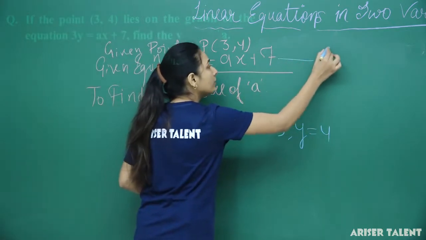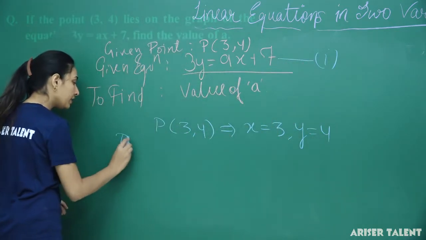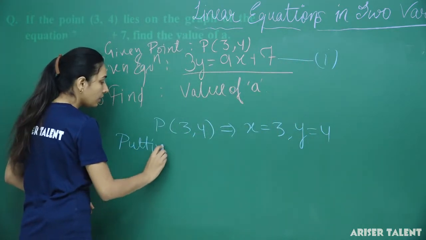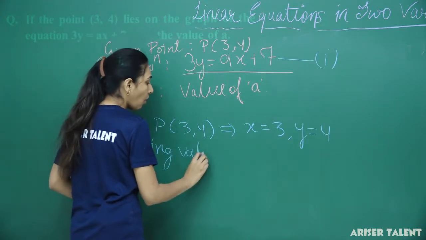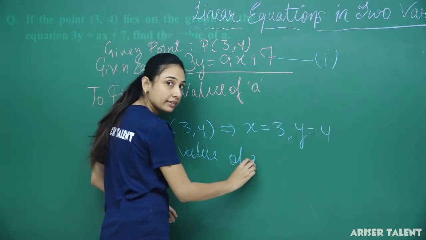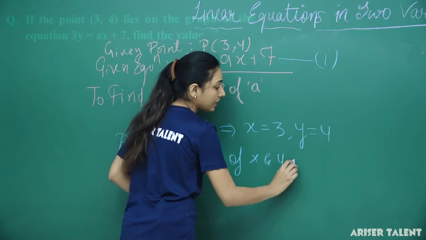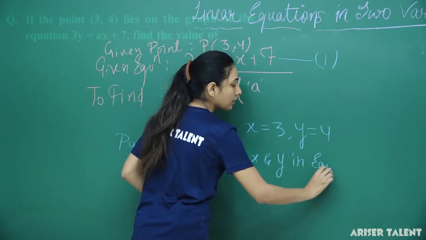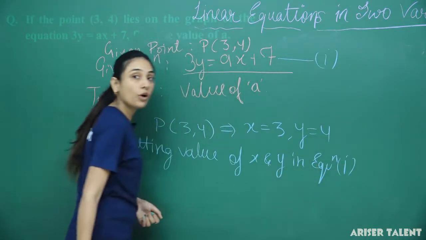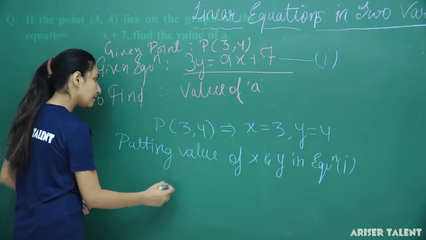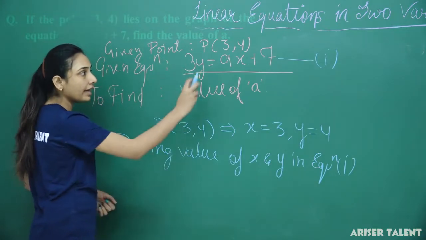If I call this equation 1, then putting the values of x and y in equation 1, what will I get? I'll get 3y = ax + 7.